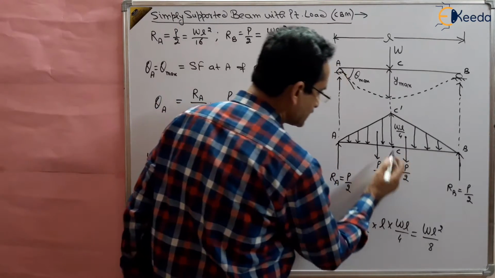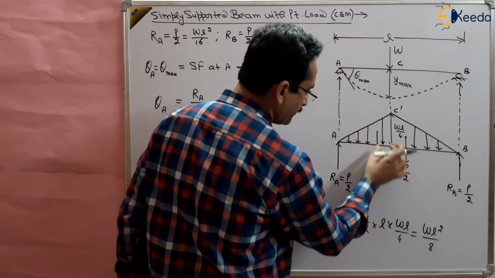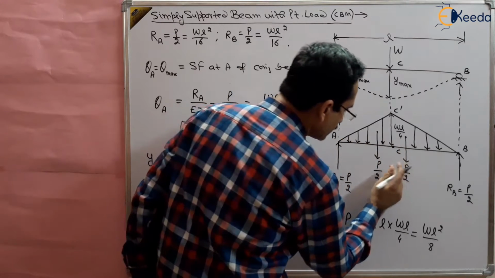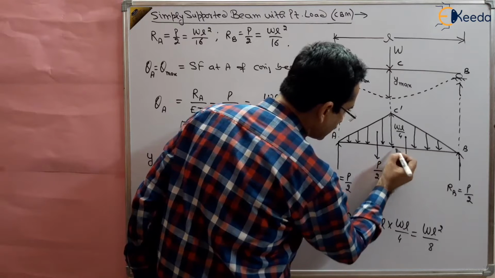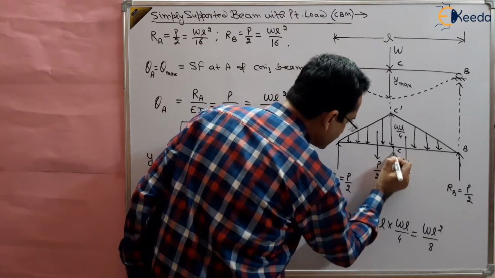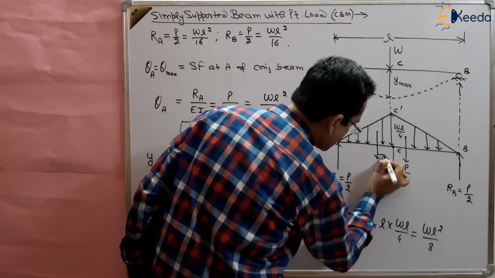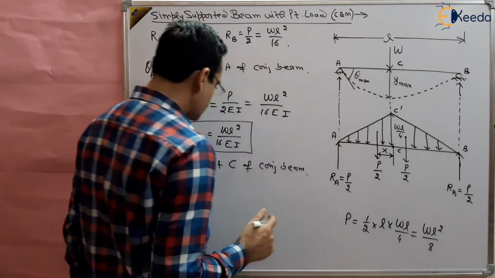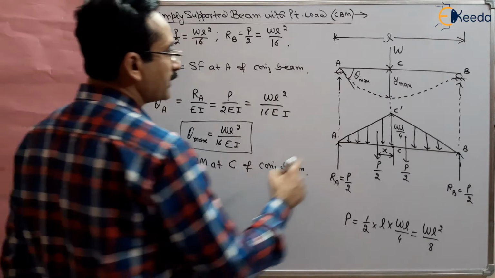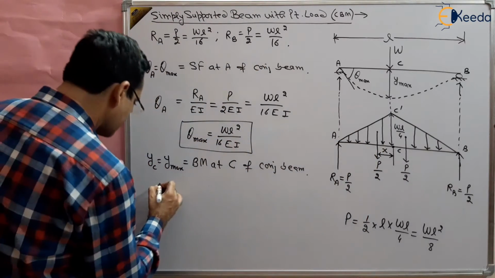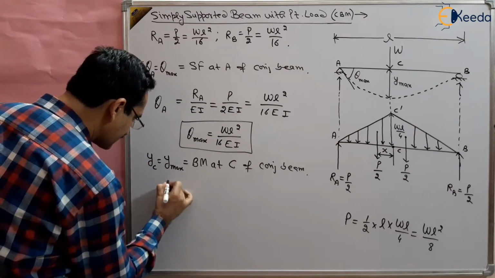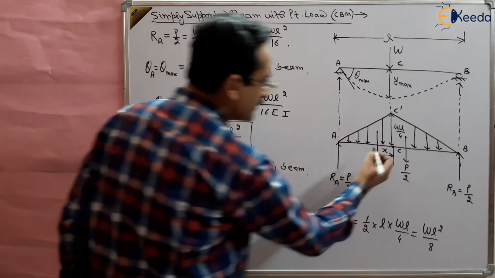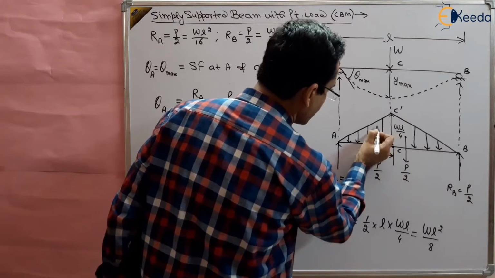And this distance is 2/3 here, this is 1/3 here. So this distance is 1/3 of the total distance. Say this distance is X, or you can say X bar, because it is the CG, the center of gravity here.